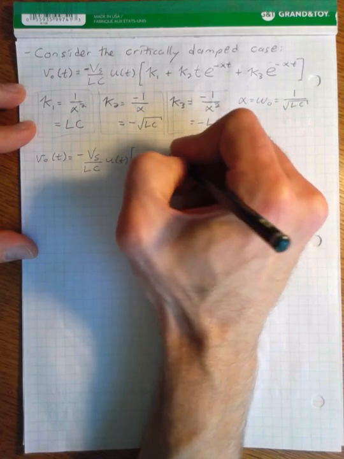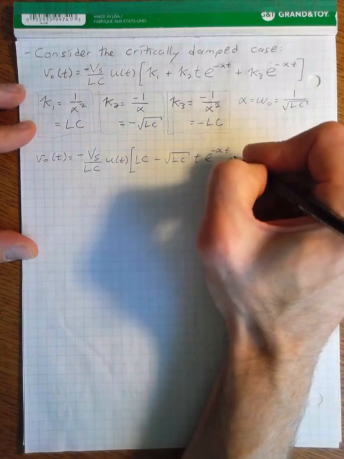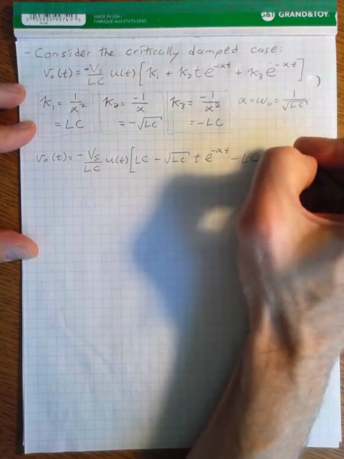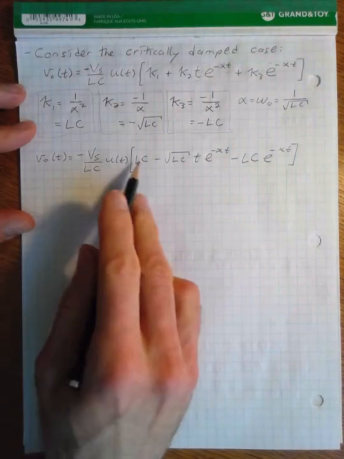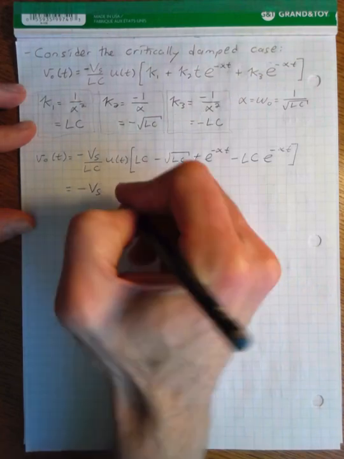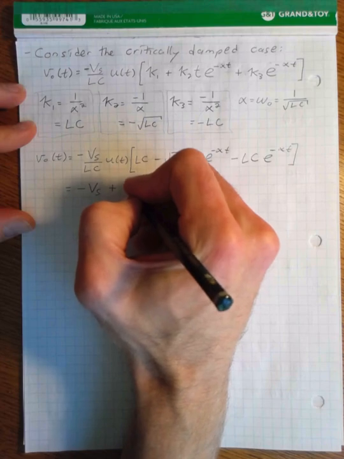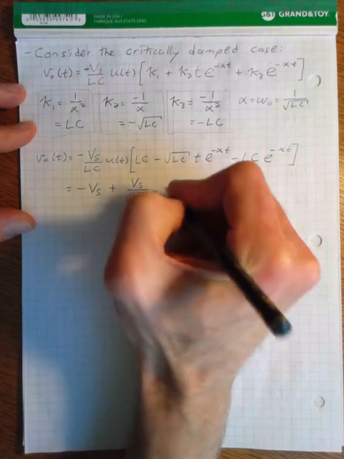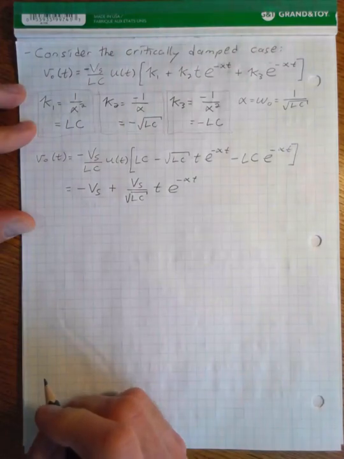Negative root LC t e to the minus alpha t, and then minus LC e to the negative alpha t. Then if we cancel out these LC terms, we have negative Vs plus Vs over root LC t. I think that's right.